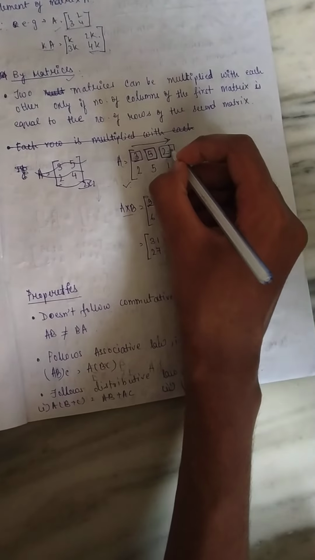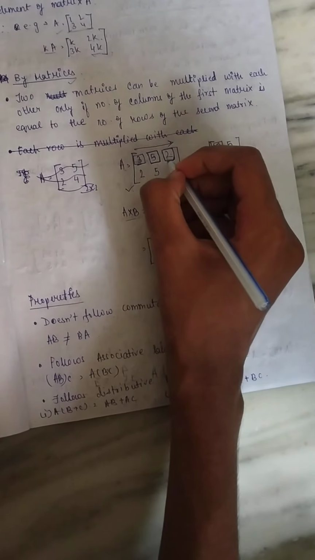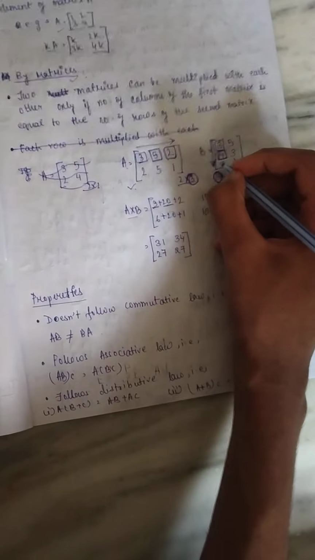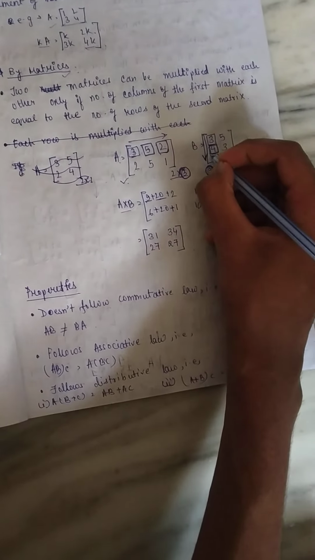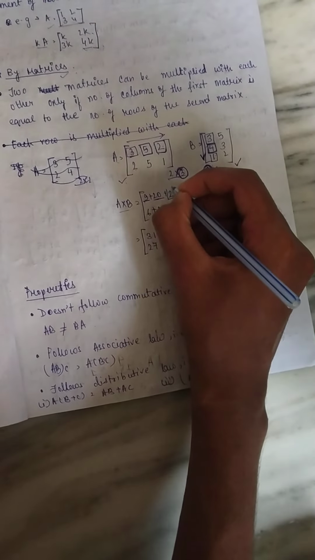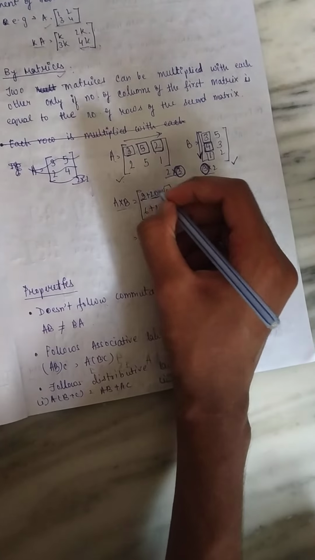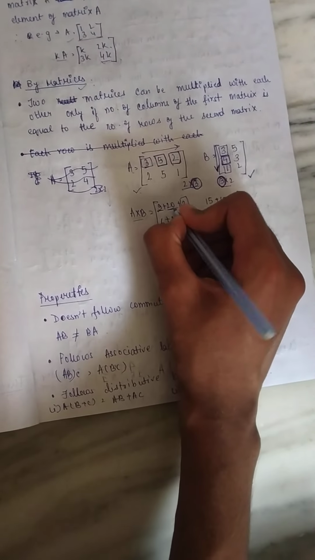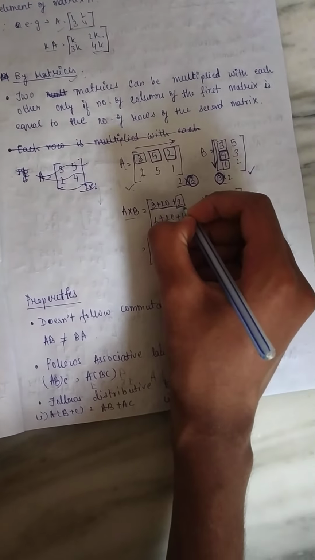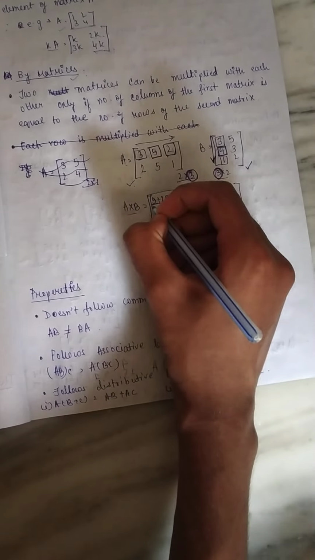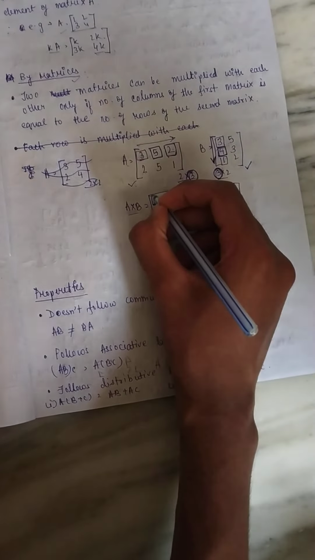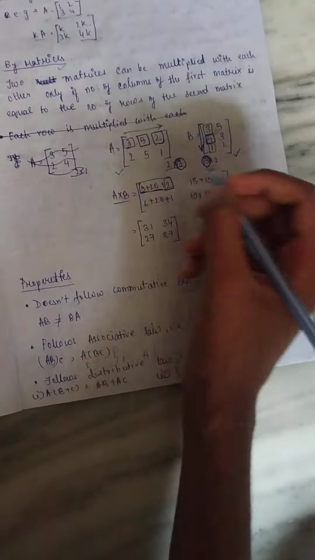We will again multiply the third element of the first row with the third element of the first column, and add it to the previous 20 and 9. So this will give the first element of the first row and first column of the resultant matrix.